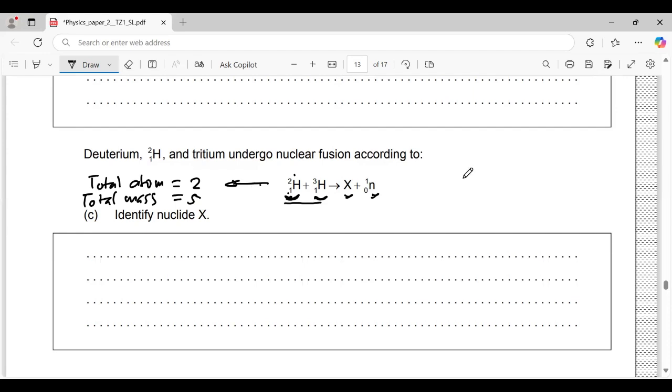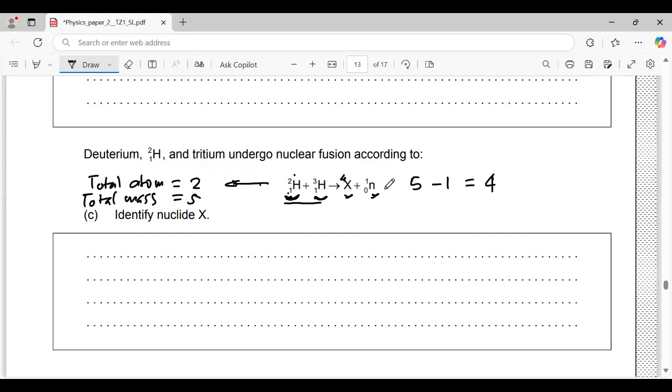On the right side, the mass number of X plus the mass number of the neutron should be 5, because the left side is 5. So the mass number of X should be 5 minus 1, which equals 4.